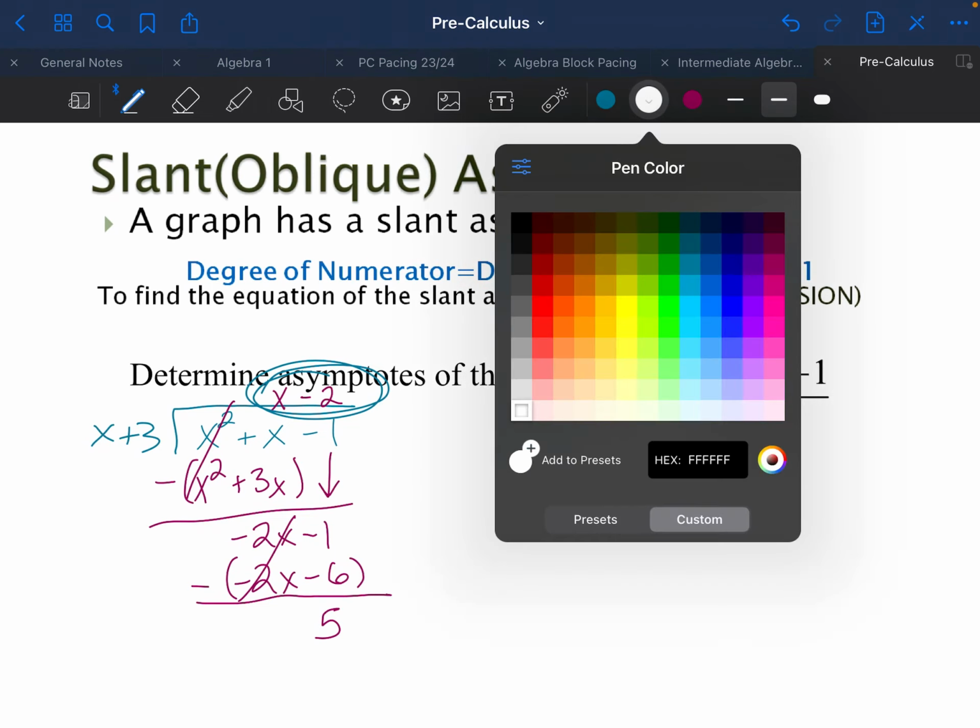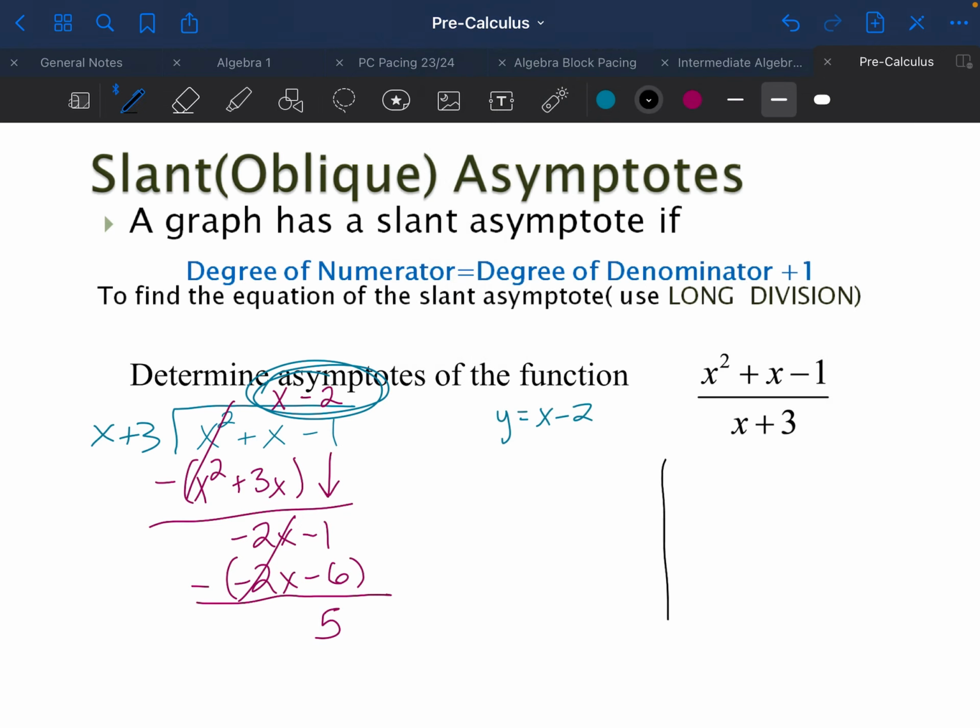So when we go to graph this function, we know that there's a vertical asymptote at negative 3 because that's where we would be dividing by 0. Vertical asymptote, 1, 2, 3. Put that one in.